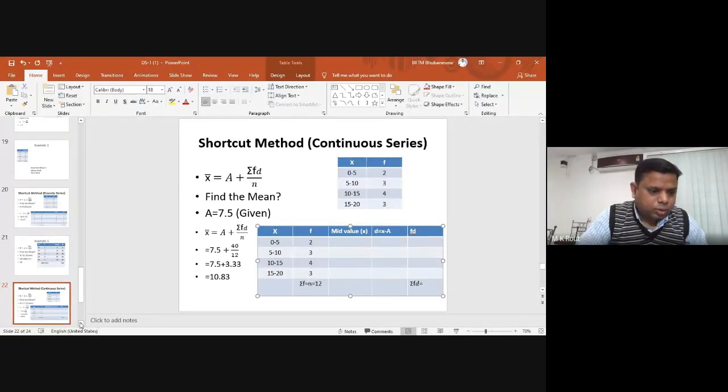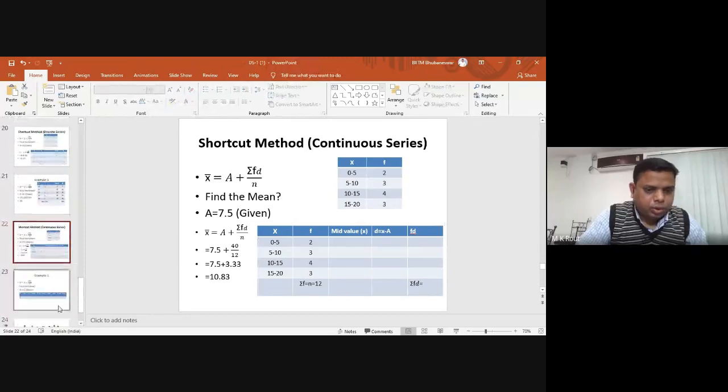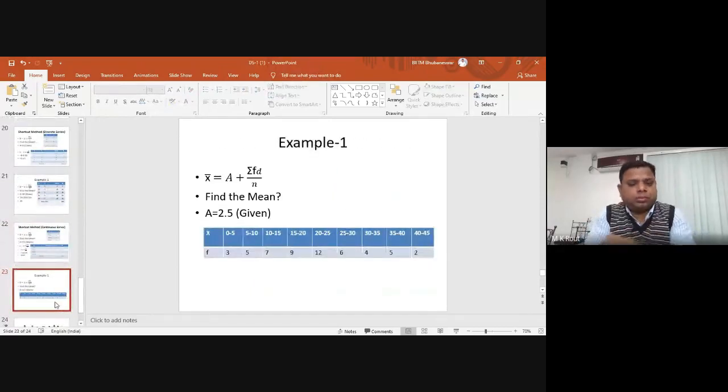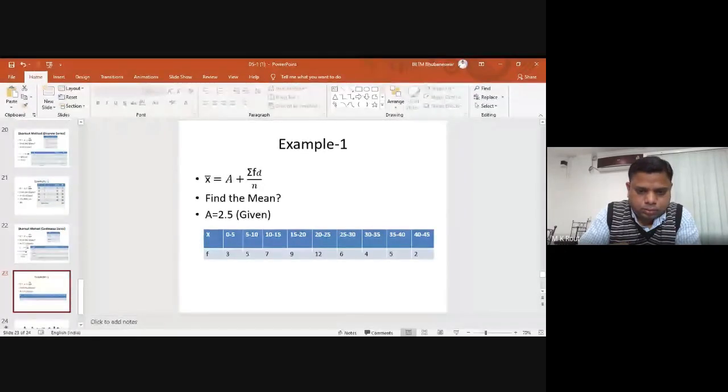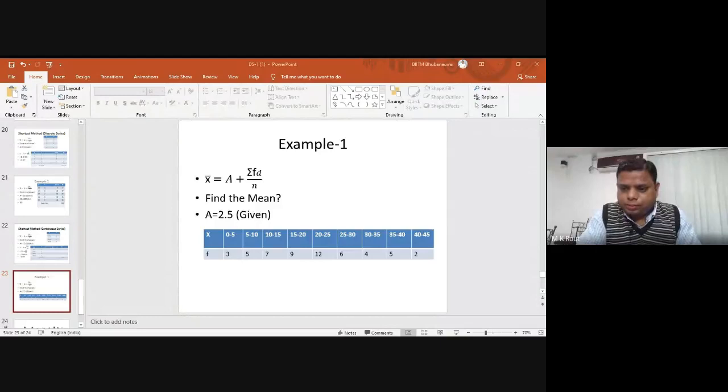We'll directly switch to the next. Calculate this one. Try to solve this one. Here a is given 2.5. Try to solve this one.